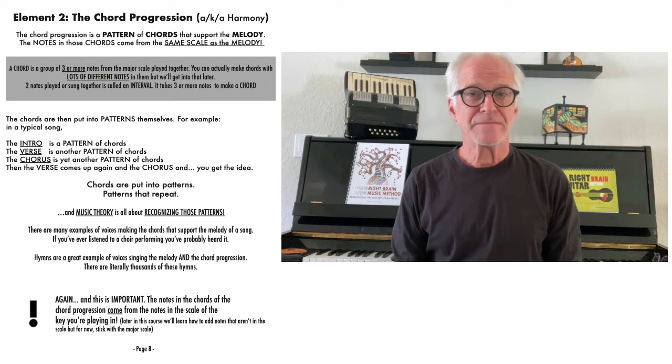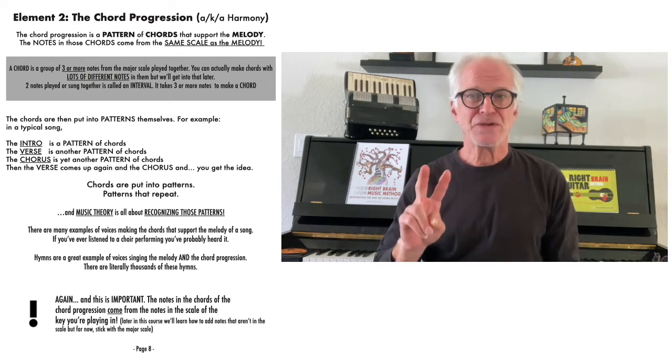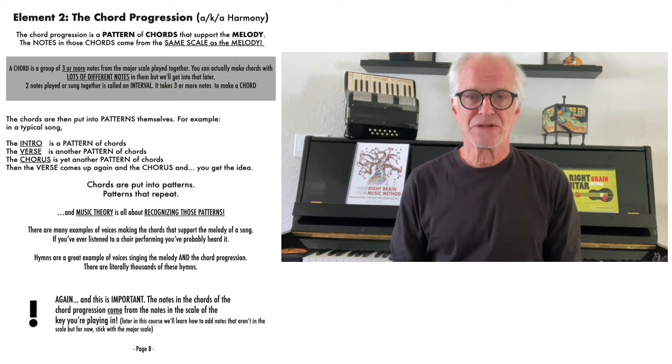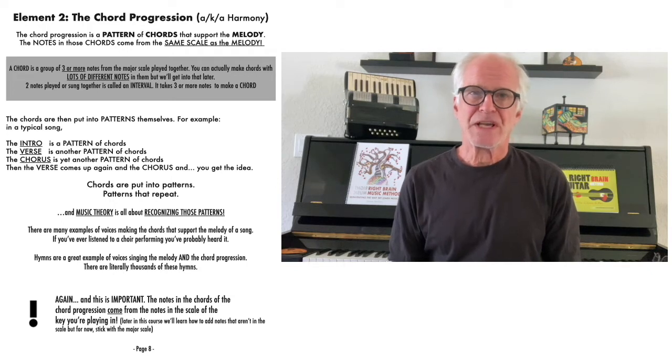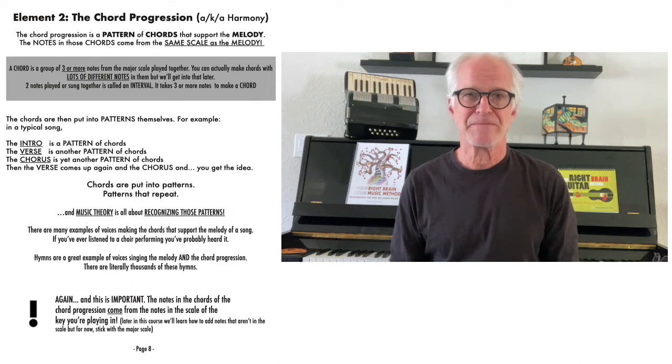Page 8, element number 2, the chord progression, also known as harmony. The chord progression is a pattern of chords that support the melody. The notes in those chords come from the same major scale as the melody.